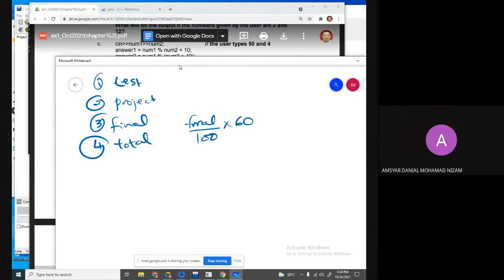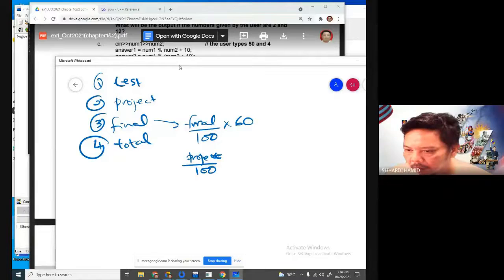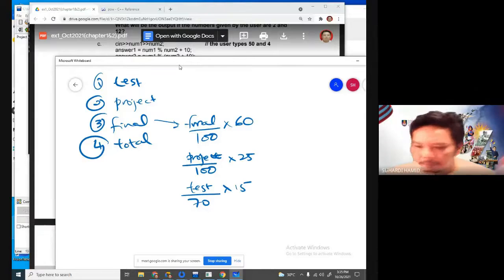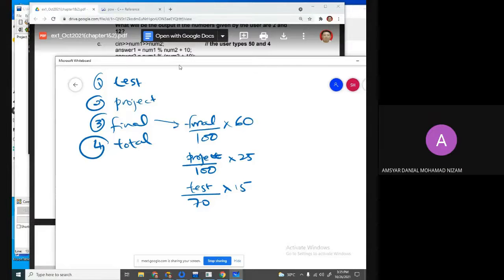For the project, you also the project over 100 multiply by 25, right? And for the test is test over 70 multiply by 15. And then you'll get the answer, and then you just add them.